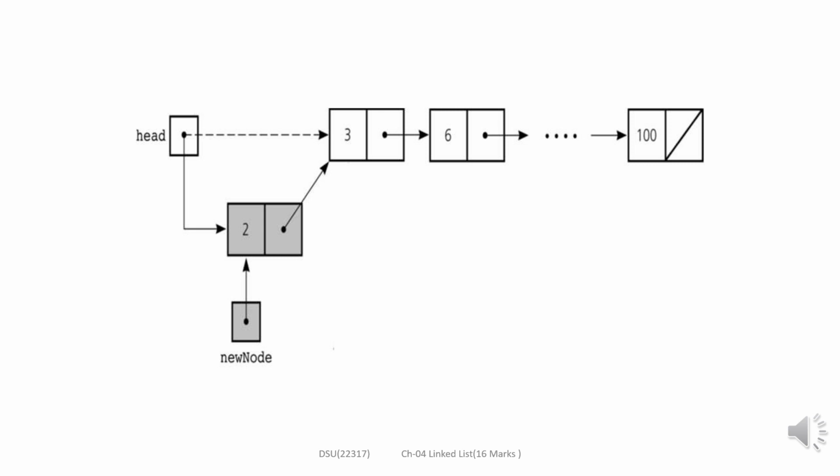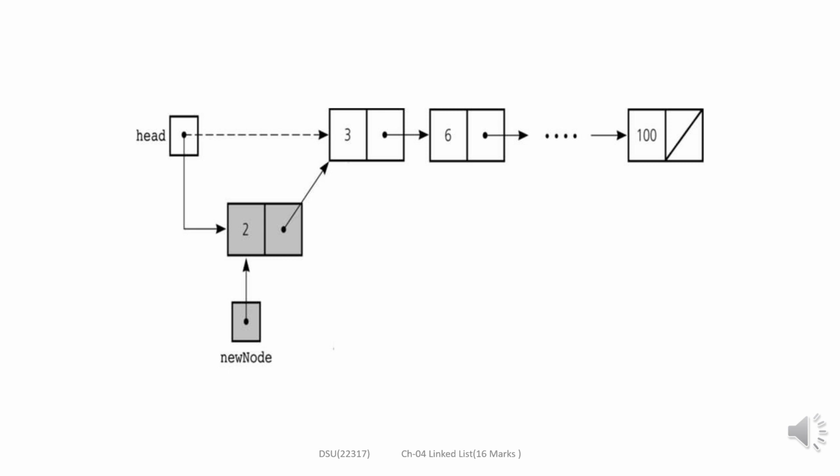So this is the diagrammatic representation of the linked list. See here, this is the head. We can simply make the new node the head node, or we can make the pointer of the new node point to the previous first node.